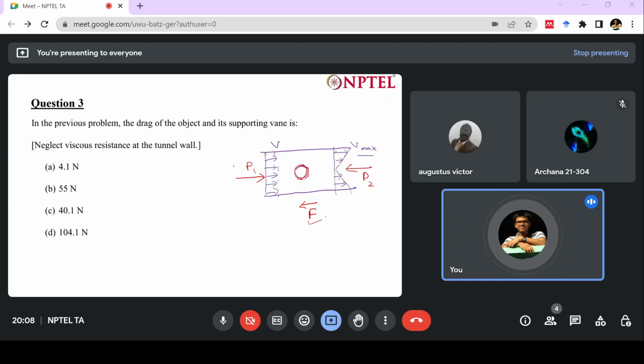So this is a very typical wind tunnel experiment situation, where we are testing something in the wind tunnel, how much drag it will experience. So what we do is put that object in the wind tunnel and make a flow field across my wind tunnel.